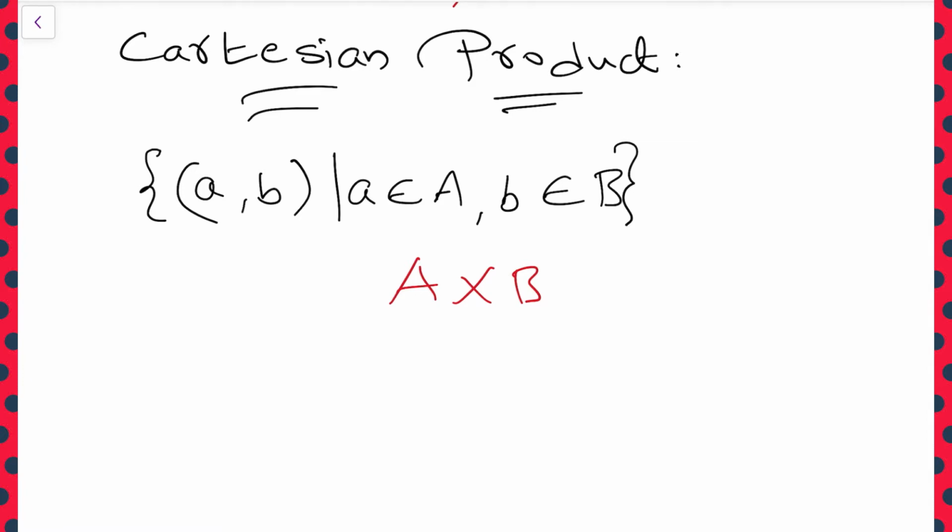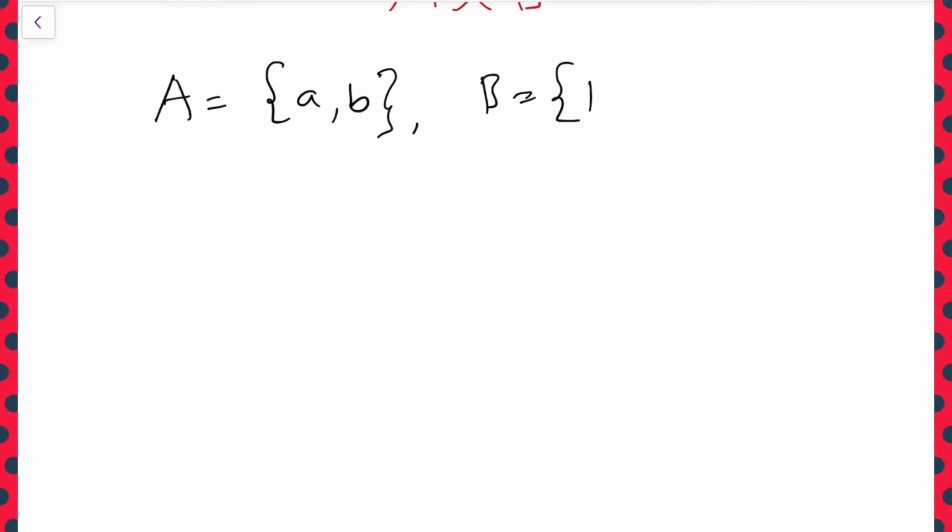Let us check once. For example, I have a set A where the elements are a, b, and one more set B where the elements are 1, 2.